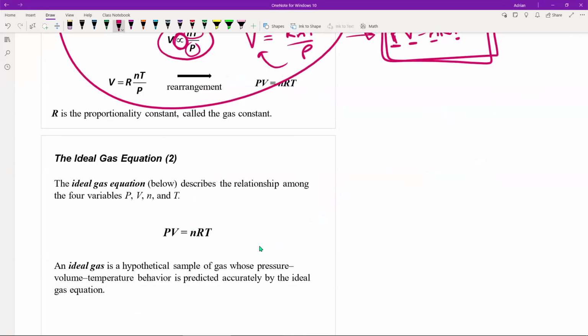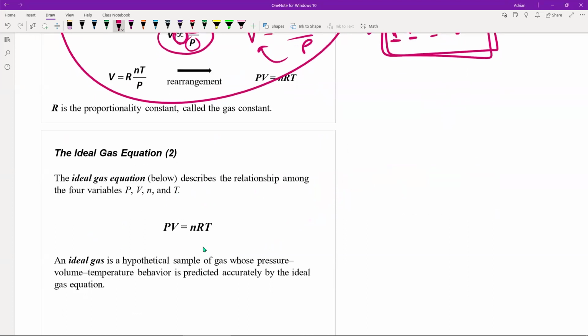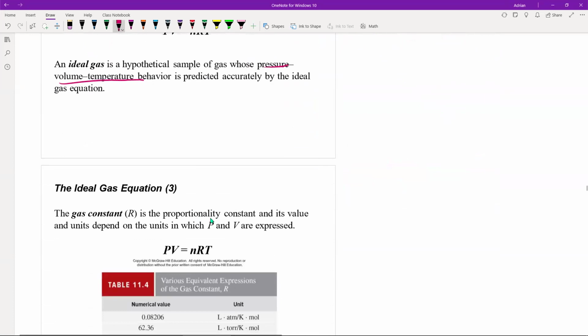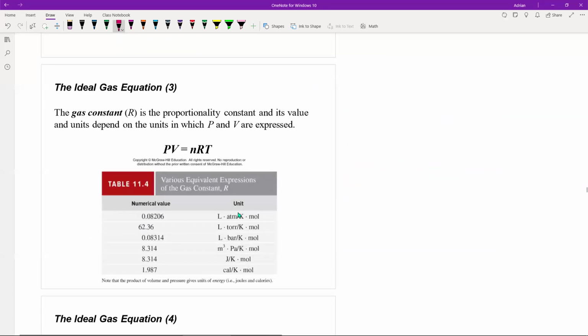So this is called the ideal gas equation. It assumes a hypothetical sample of a gas where the pressure, volume, temperature behavior can be predicted exactly by that equation. The gas constant itself, which is R, can take on different units, and these are listed here in table 11.4.